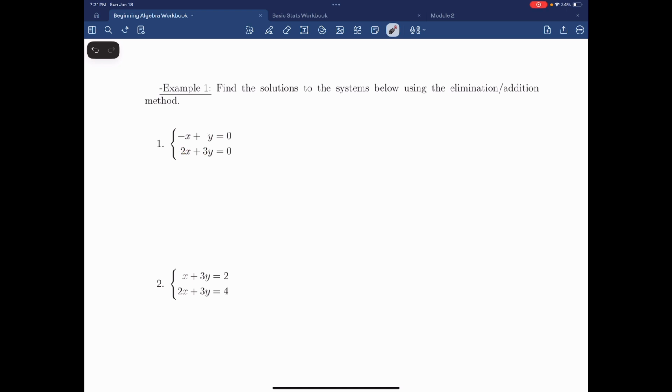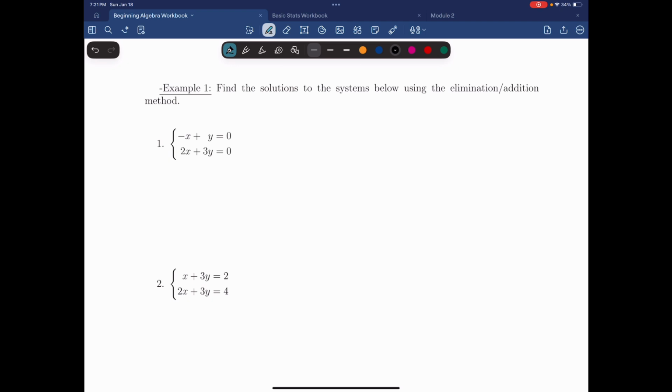So this elimination method, the idea is that you multiply one of these equations, the whole equation, by a certain number, so that the variables cancel out when we add them together and combine like terms.